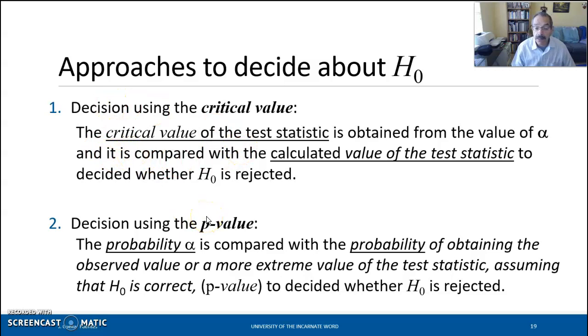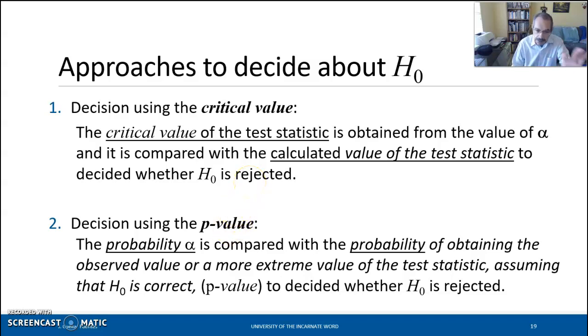Another equivalent approach is making the decision using the p-value, where we compare the probability of the type 1 error with the probability of obtaining the observed value, or a more extreme value, of the test statistic under the assumption of the null hypothesis. Based on that, we make a decision.